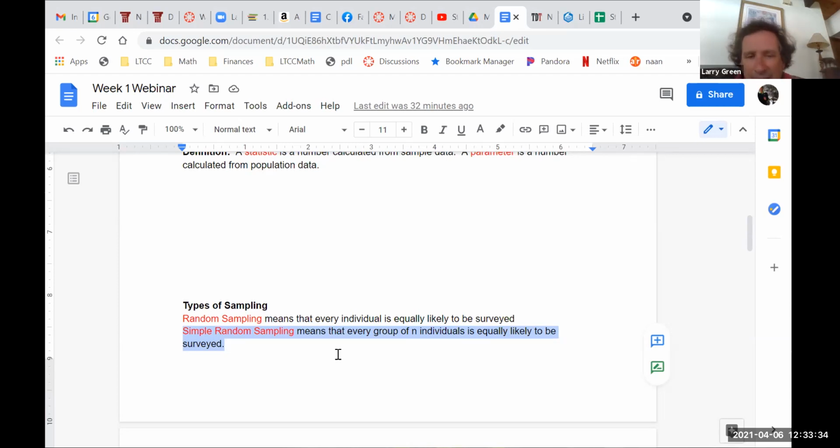And that especially comes up when you want to make sure that you have gender balance, where you don't overrepresent men or overrepresent women or overrepresent trans, I guess. So if you're going to do gender balance, it's not simple random, even if everyone has the same chance of being surveyed, because you can't end up having all men.